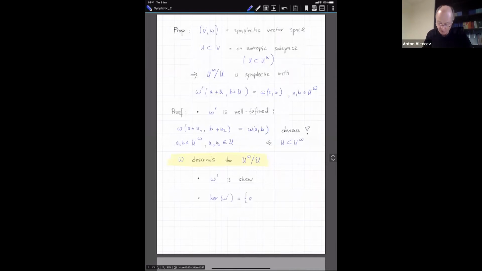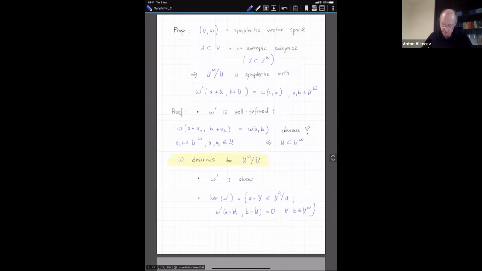These are vectors in the quotient space such that omega prime of A plus U, B plus U is 0 for all B in U omega orthogonal.